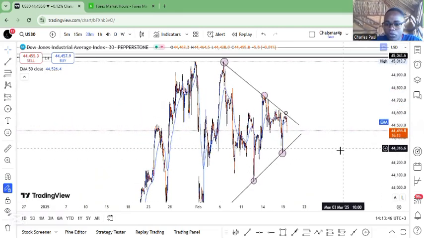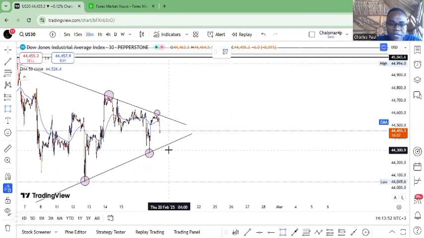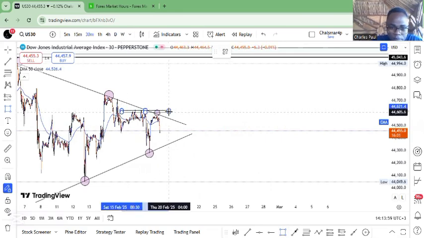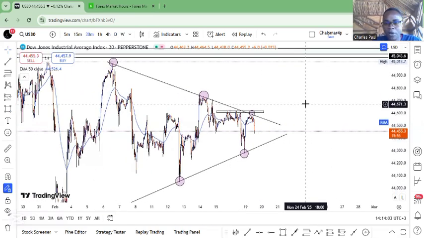If you draw using this rectangle, you can see we also have this strong resistance. Now, having this resistance, but also the market being at this downtrend, this is what gives me the confluences to take the trade in today's London Open.